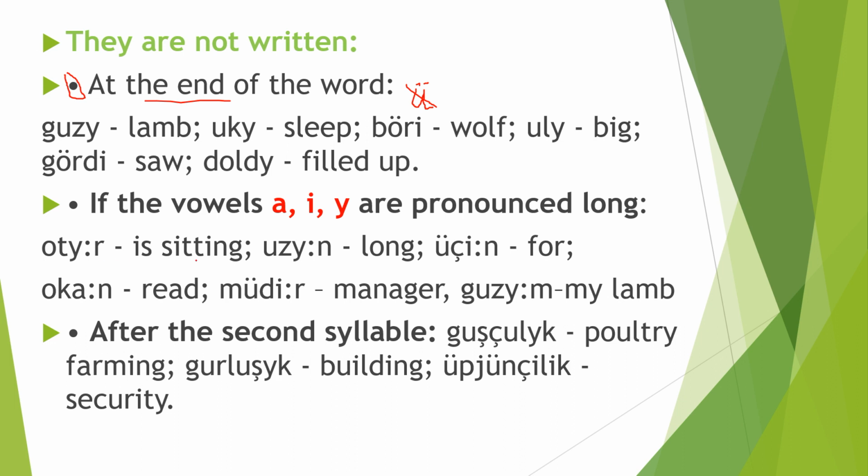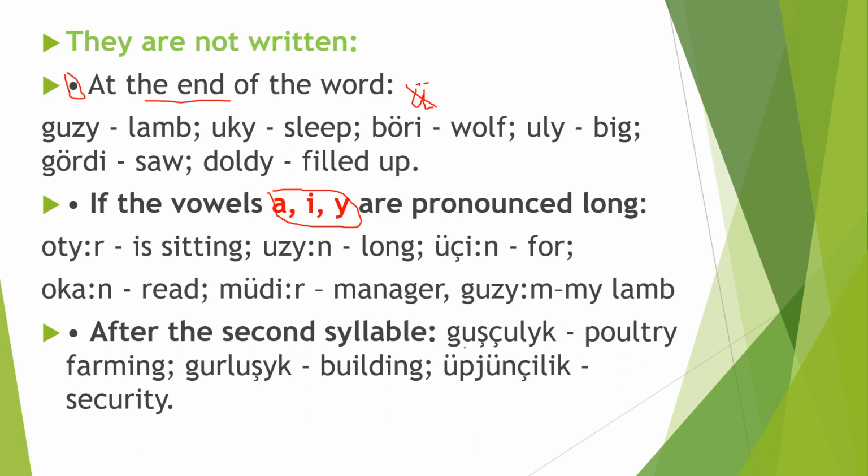But otir is sitting. Someone is sitting. Udin, long. Üçün, four. So if one of these vowels is there and we pronounce it long, we do not write u, ü. Okan, müdir, qudim.